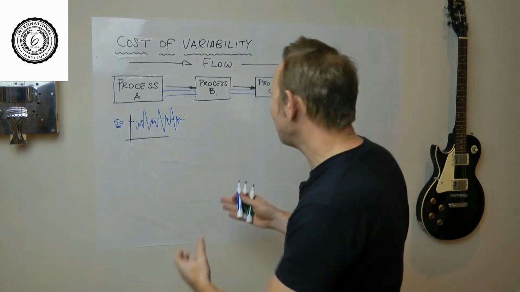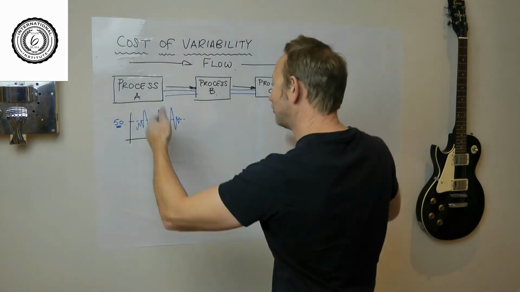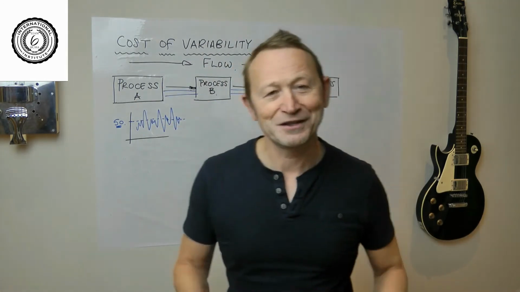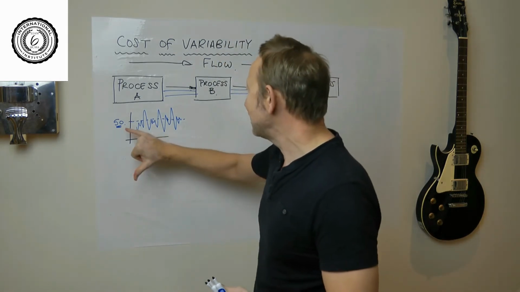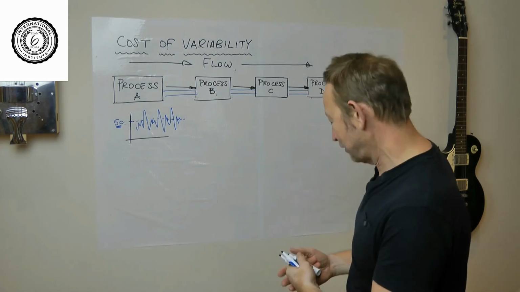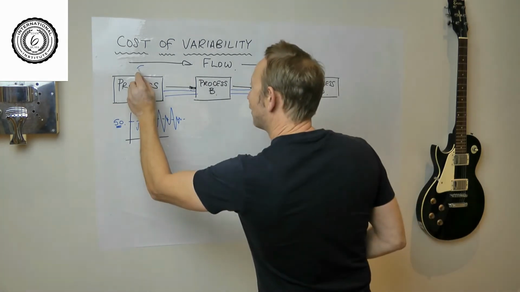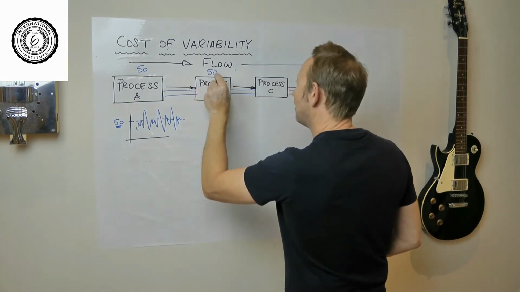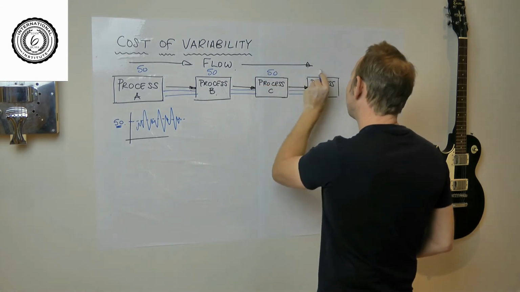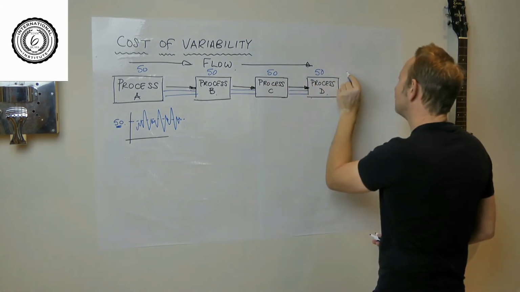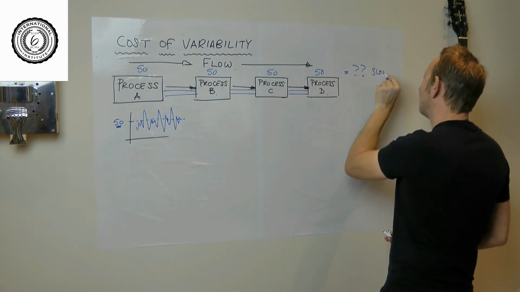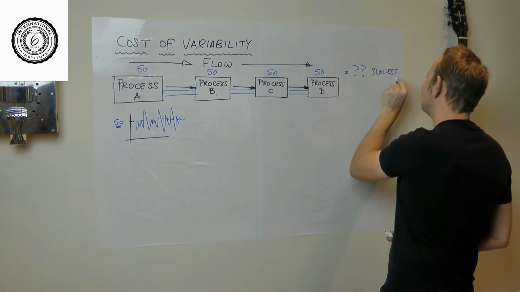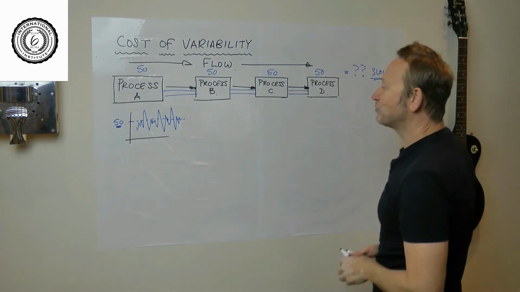Okay, so what happens is this whole system goes at the speed of the slowest machine. Even though they're all going at 50, and this is a very important point, even though all these machines are going at an average speed of 50, what will you get coming out the other end? Well, what you'll actually get is the slowest speed every hour.